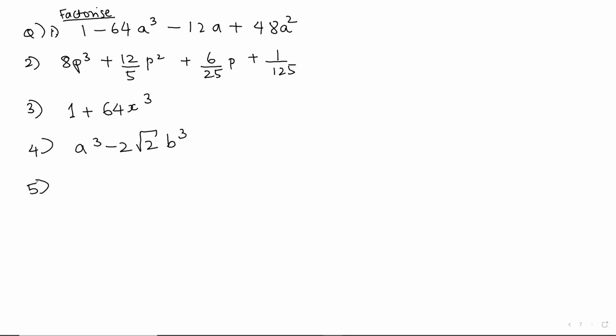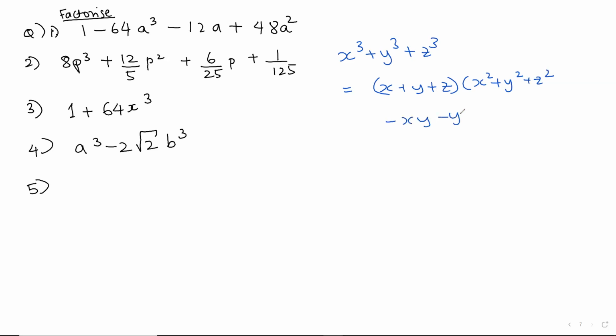Well, there's one more identity which is very similar to the previous one, and I'm just going to mention that because it's not really a big deal. And that is x cube plus y cube plus z cube. It's nothing new, it's just very similar to the previous one. This is equal to x plus y plus z multiplied by x squared plus y squared plus z squared minus xy minus yz minus zx. So this is your identity.